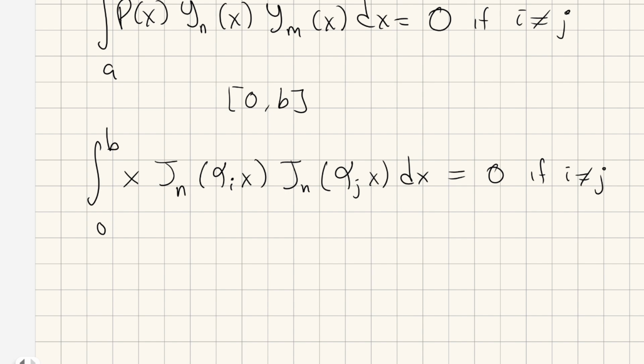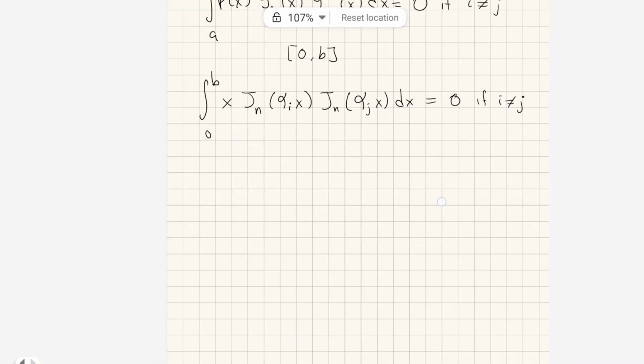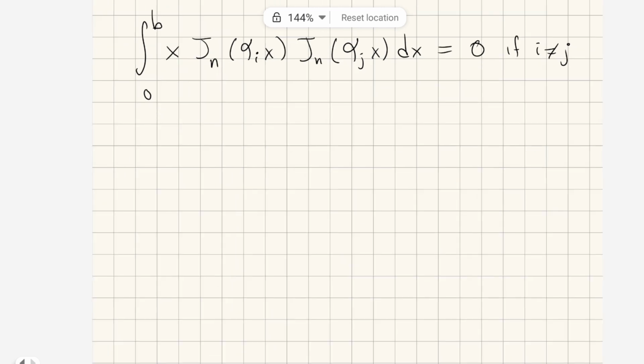Perfect. This is the main idea that I wanted to reach. And why is this? Because we made another video talking about orthogonal functions, and we showed that if we have a set of orthogonal functions, for example in this case Jn(alpha i x), where i goes from 1 up to, well, it can be any natural number, right?